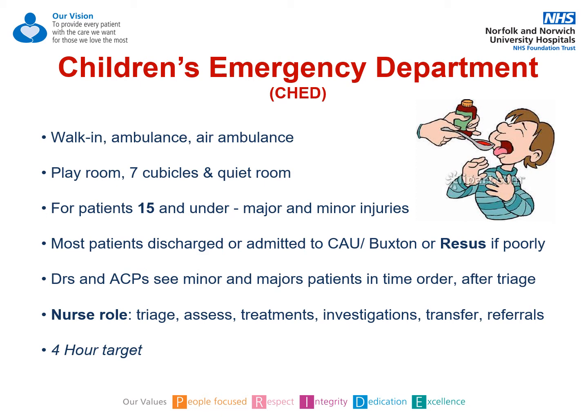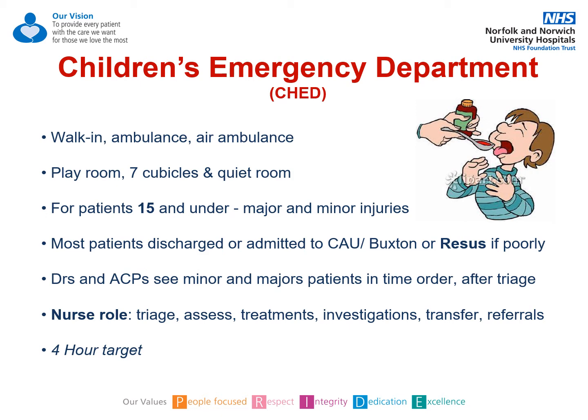If the patients are transferred, they would usually go to either CAU, which is the Children's Emergency Assessment Unit, or they'll go to Buxton, the children's ward, for need to be admitted for a bit longer. So the nurse will have to transfer them because it is quite a complete opposite end of the hospital.